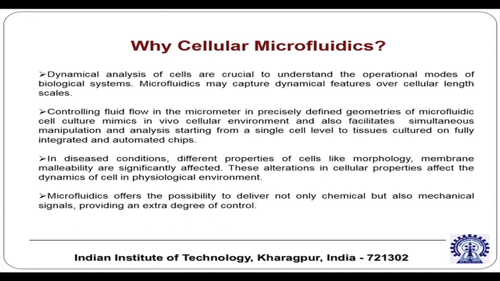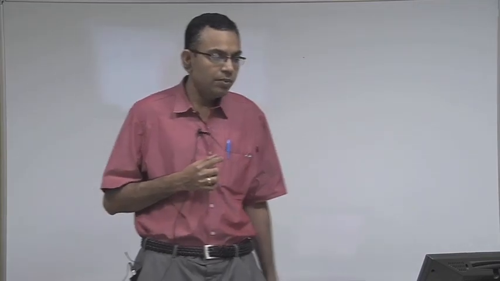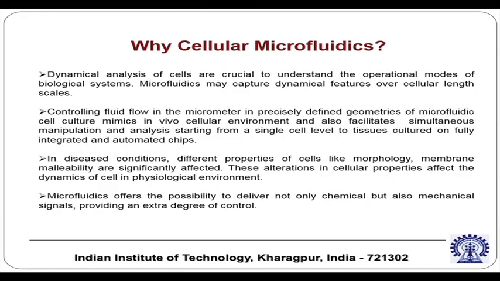Therefore, you can capture the dynamics over cellular length scales in a microfluidic platform. Not only that, you can control the fluid flow in micrometers in precisely defined geometries of microfluidic cell culture that can mimic the in vitro cellular environment, and also facilitate simultaneous manipulation and analysis starting from a single cell level to tissues cultured on fully integrated and automated chips.